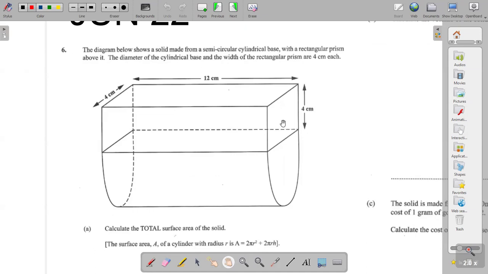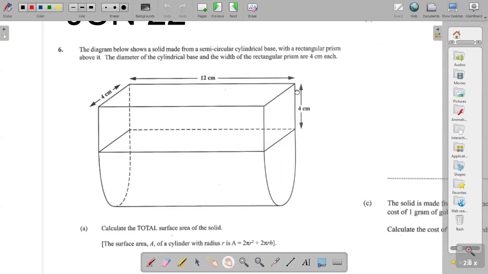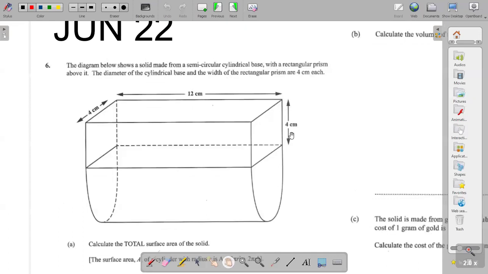You have to pay attention. How do I know it's a square? The height is 4 and the width is 4. Everybody see what I'm showing you? You have to make sure you understand that. Then the front and the back, the top and the bottom, those are the rectangles. Make sure you understand that.